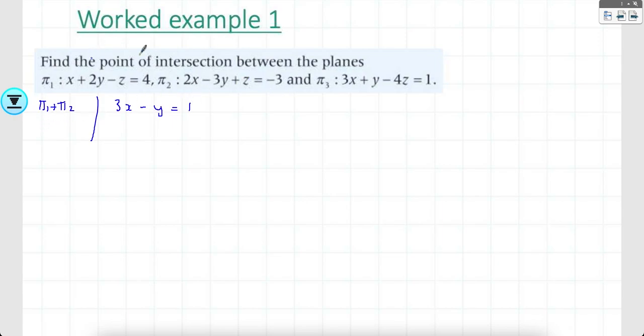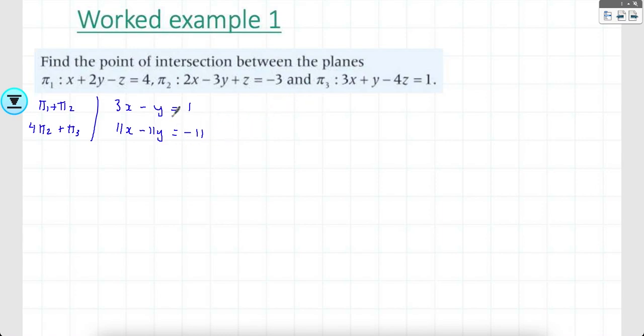Now I need to do another combination, but I need to use the third plane. So again, recall how you solve a system of three equations. The way I'm going to do that is I'm going to take 4 times the second plane, and add it to plane 3. When I simplify that, it gives me 11x minus 11y equals negative 11. So now I've eliminated the z, and I can continue to try and solve.